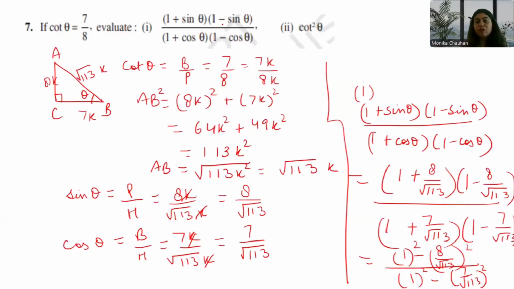So we have already calculated. If you go in reverse, 1 square is 1 and 8 square becomes 64, and the square of the root becomes 113 only. So we are solving further: 1 minus 64 upon 113, because when you do the square, and for the other one, it becomes 1 minus 49 upon 113.